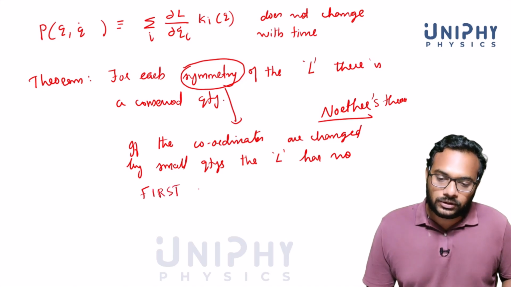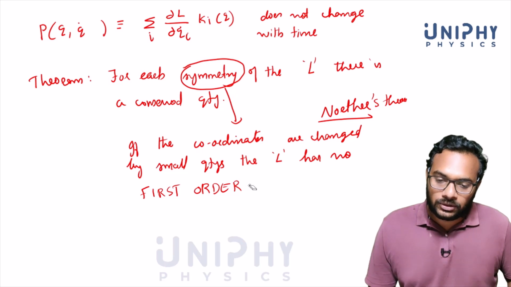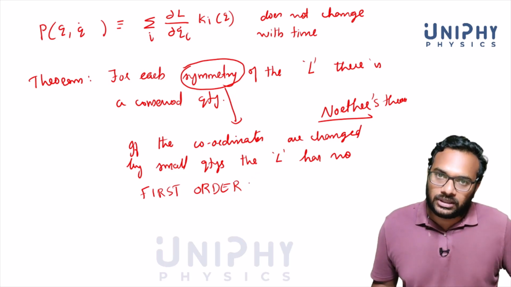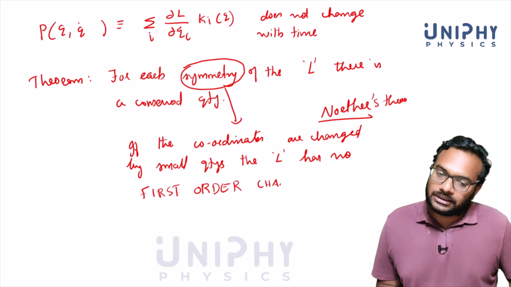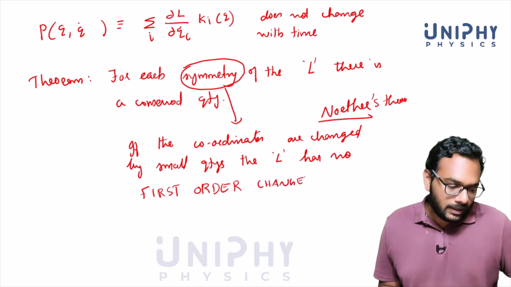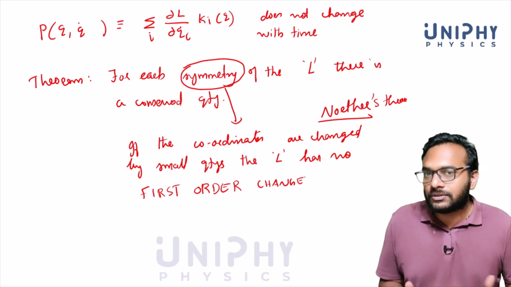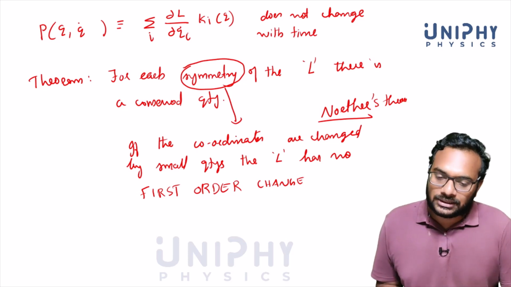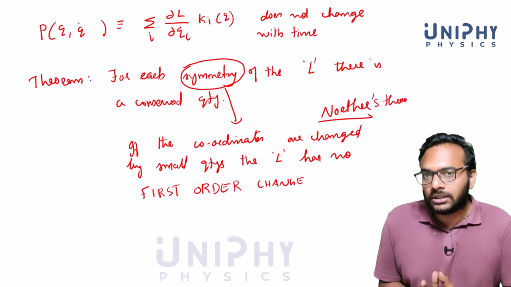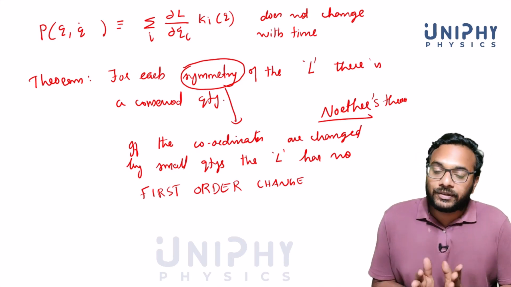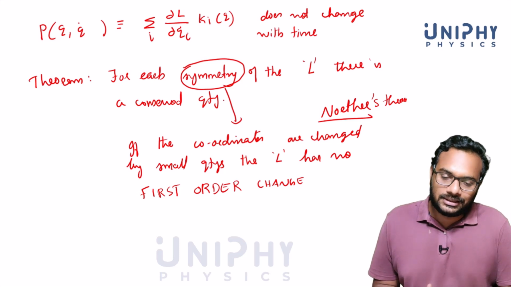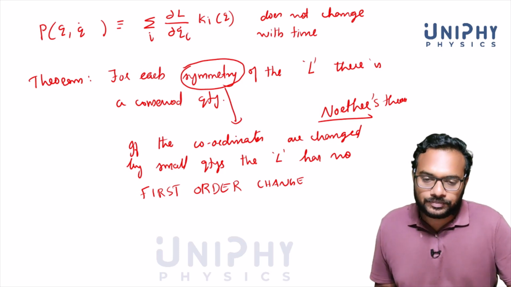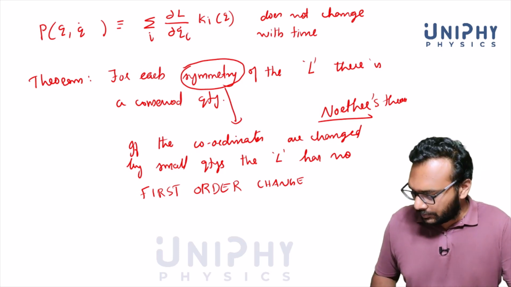Okay, first order change, which means that in the new Lagrangian there are no terms proportional to epsilon, if epsilon is the small quantity. That's sufficient for Noether's theorem to work. So even if there is a full symmetry, as in the case of cyclic coordinates, then also Noether's theorem works. But for Noether's theorem to work, you need only a first order invariance of the Lagrangian when you make a small change. I hope that's clear.